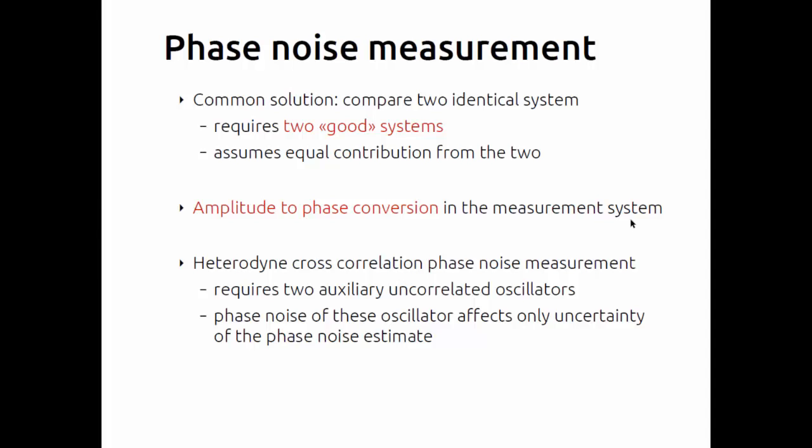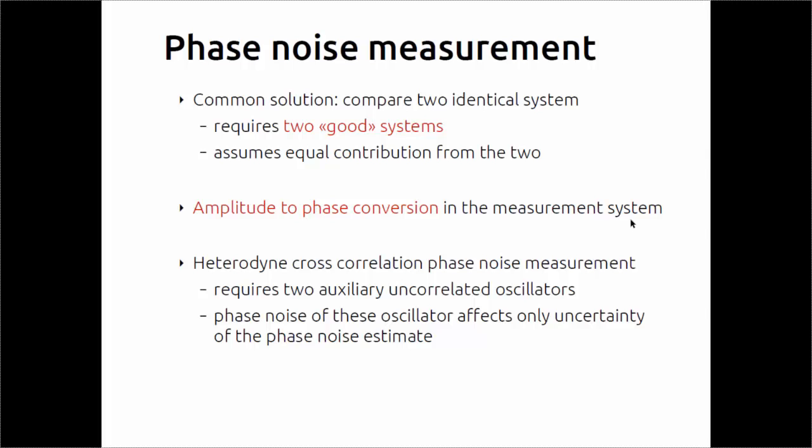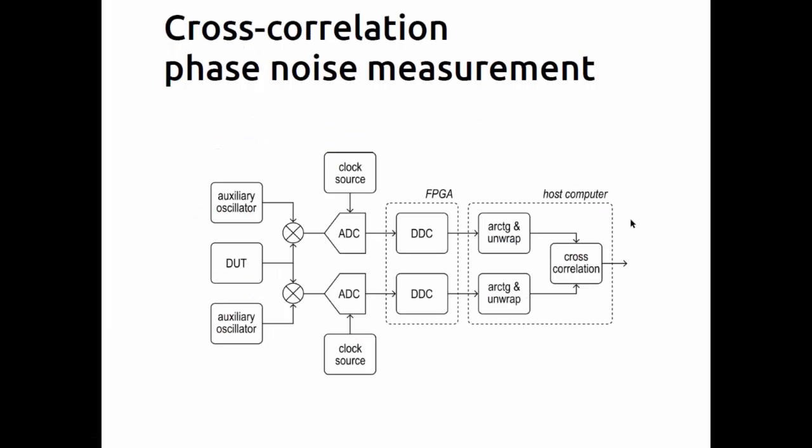But the good thing is that the phase noise of the two auxiliary oscillators only affects the uncertainty with which we are able to estimate the phase noise of the device under test, and this basically only increases the integration time required to reach a given uncertainty.